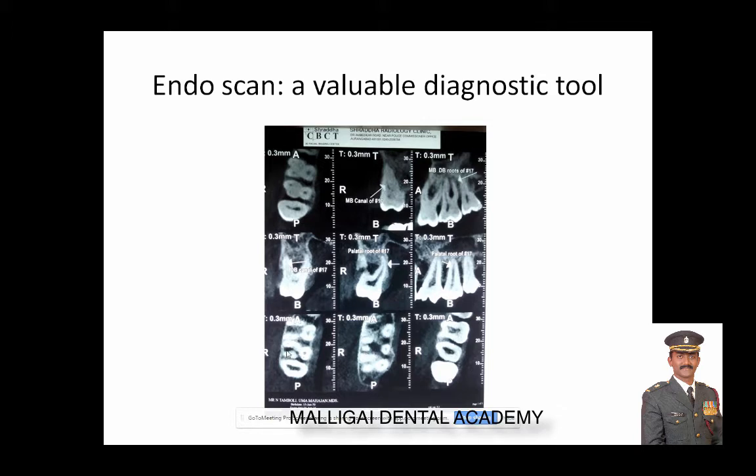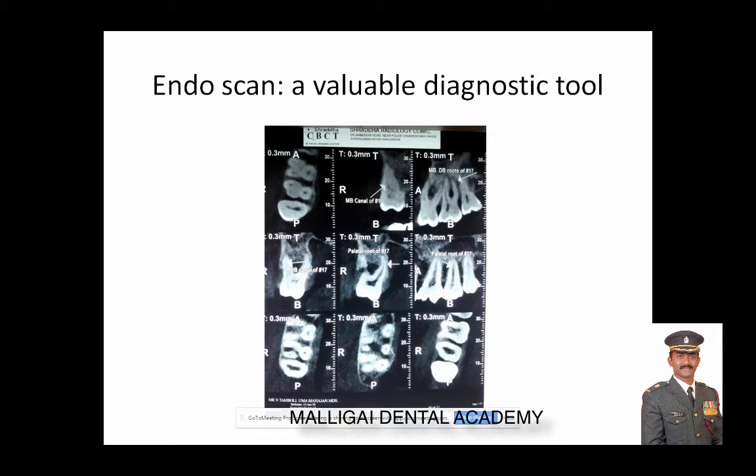You see the extent of the radiolucency from between the two buccal roots extending towards the palatal root, giving me an idea that definitely this lesion is associated with 17 and an infection which is very much present in the furcal area of this tooth.